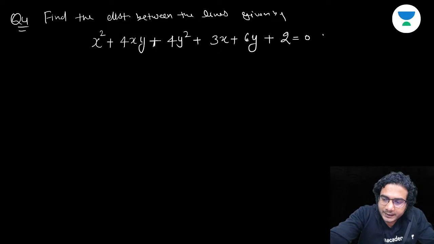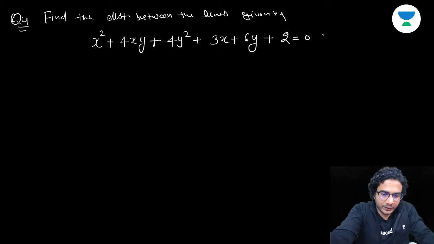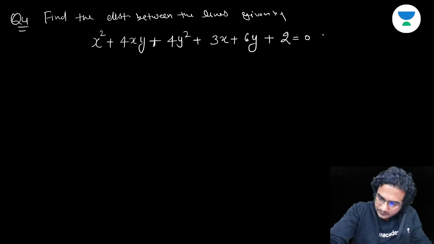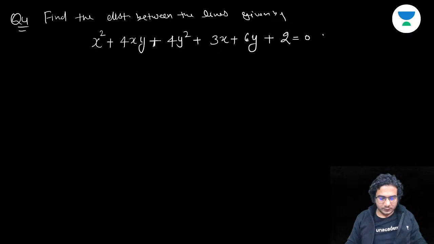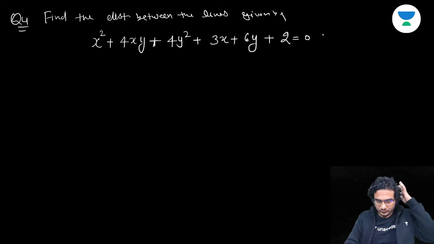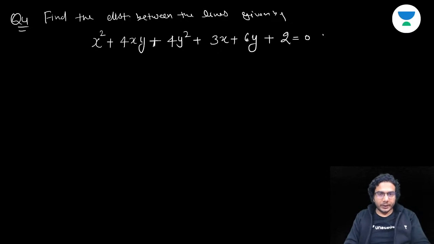And how do you check that lines are parallel given by this equation? H square is equal to AB. So you can see H is 2, A is 1, B is 4. So H square is equal to AB, okay?